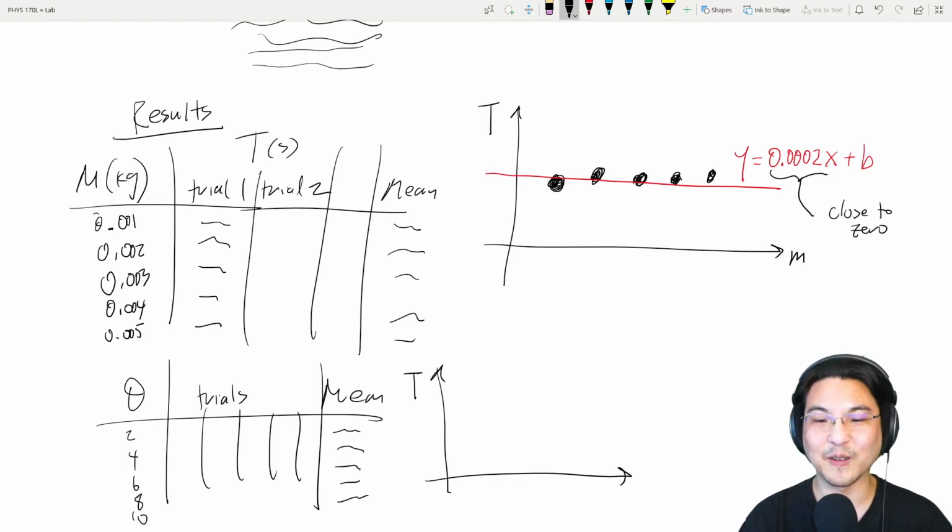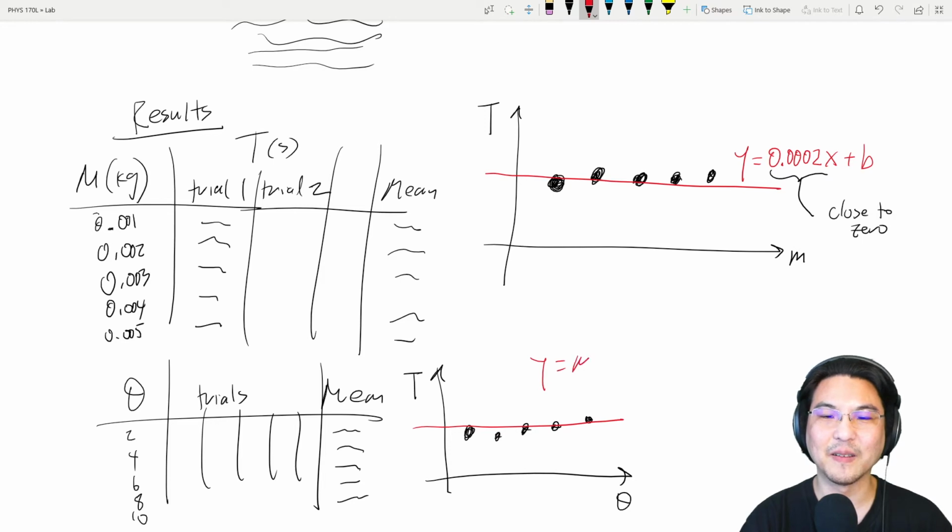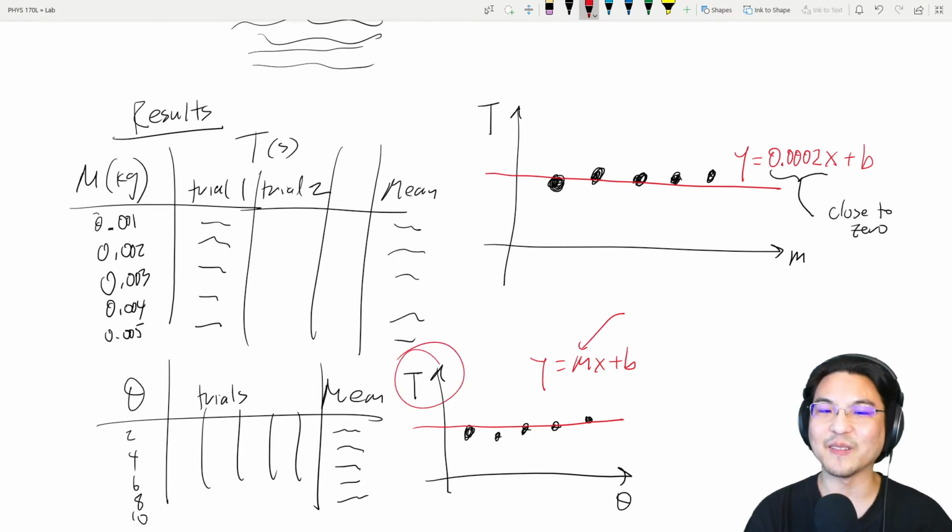Period as a function of that angle, and then you show these are the mean values of your different trials. Same, you do a trend line and show the slope of the trend line, and you say, okay, the slope is close to 0, which means the period is independent of the angle, assuming small angles.